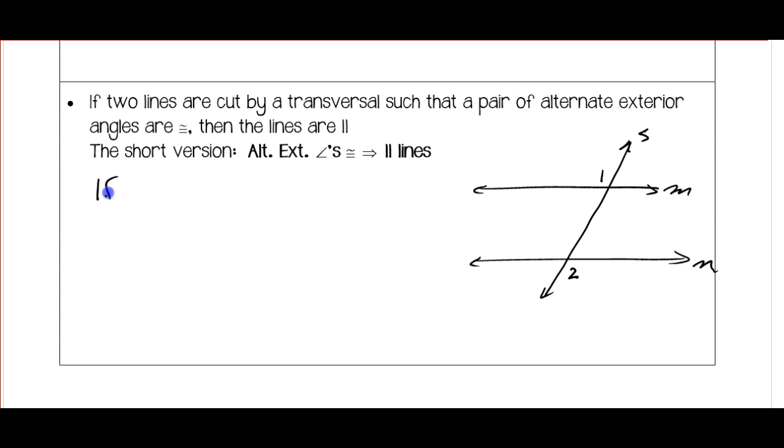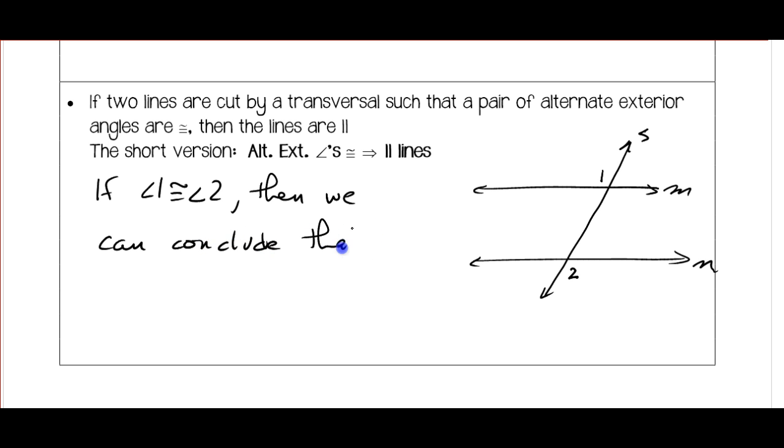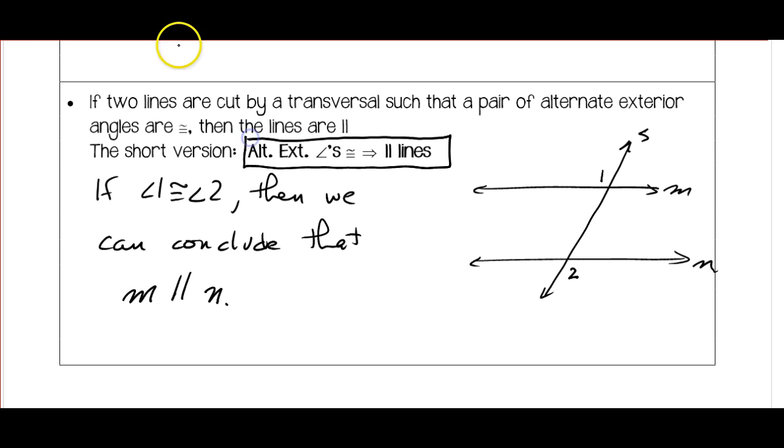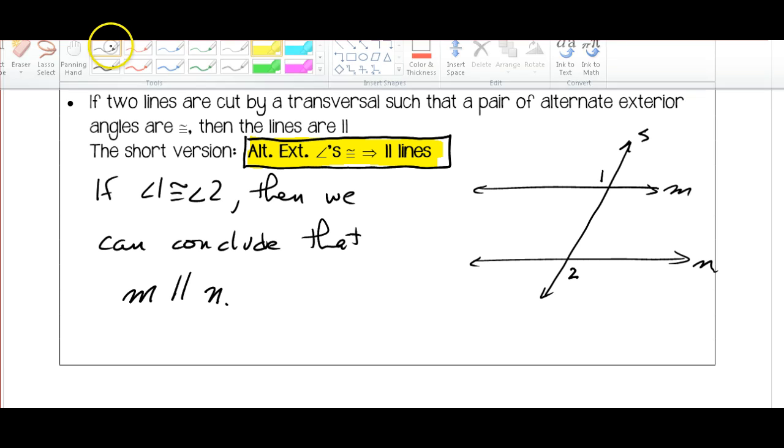So again, if angle 1 is congruent to angle 2, then we can conclude that M is parallel to N. So this is our second way to prove that lines are parallel. Again, I would encourage you to use the shortcut here. Okay, alternate exterior angles congruent implies alternate interior angles congruent implies parallel lines.